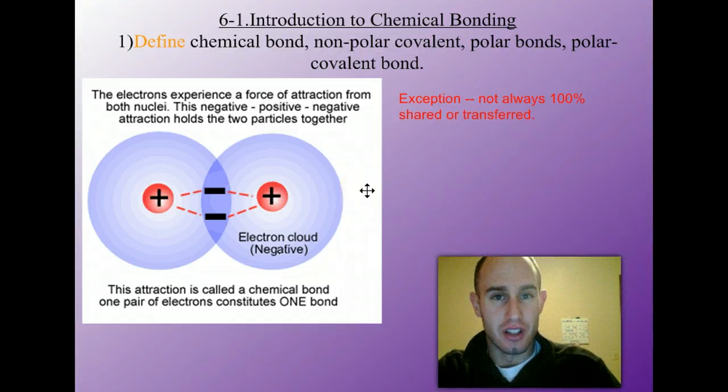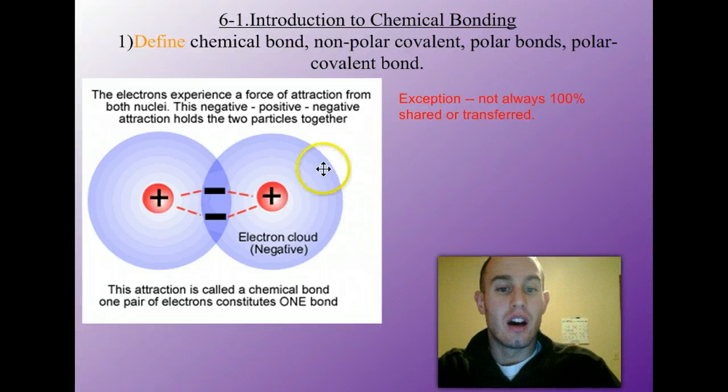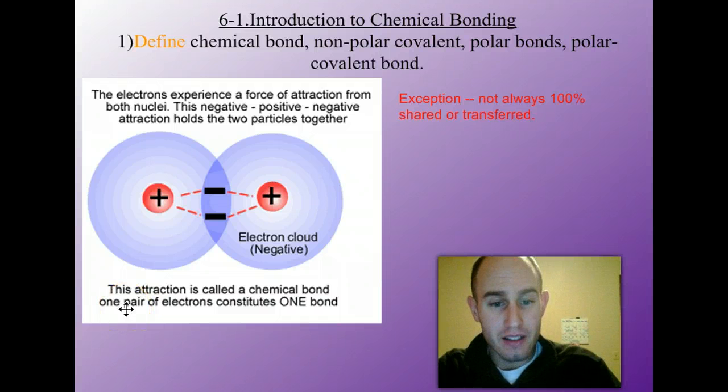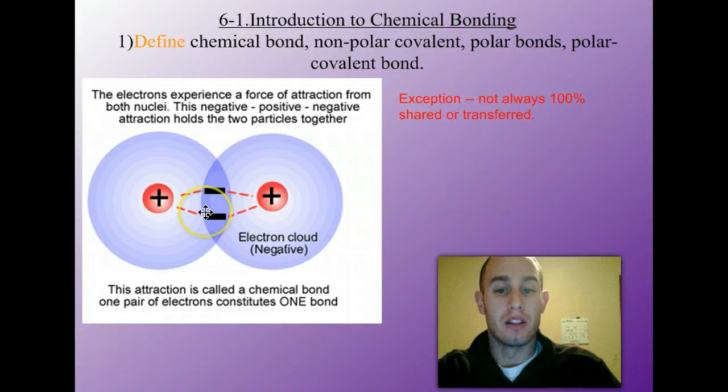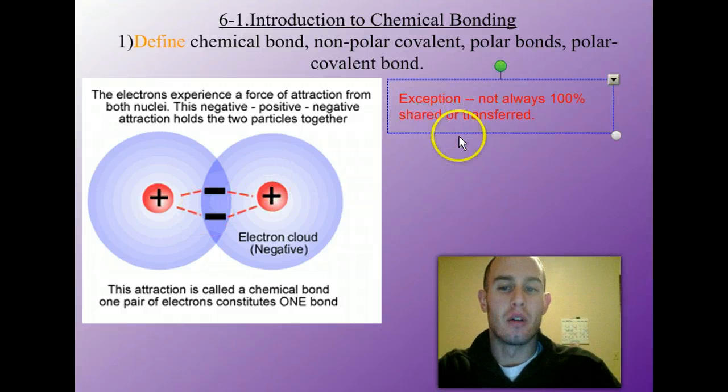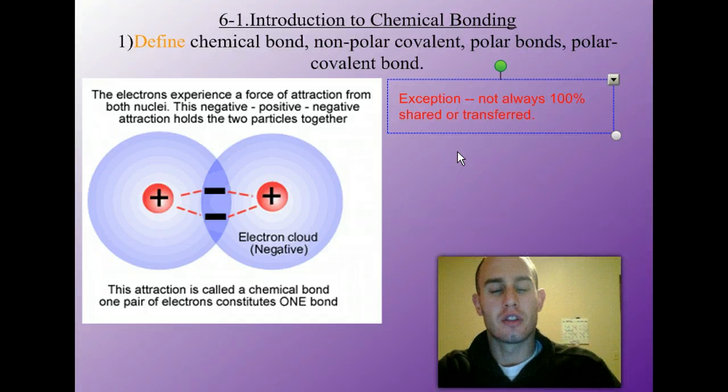This attraction causes different atoms to come together to form a bond. Now, this attraction is what the chemical bond is, and it is basically representing one bond. There is an exception, however. It is not always 100% transferred or shared, and we're going to come back to this in a few slides.